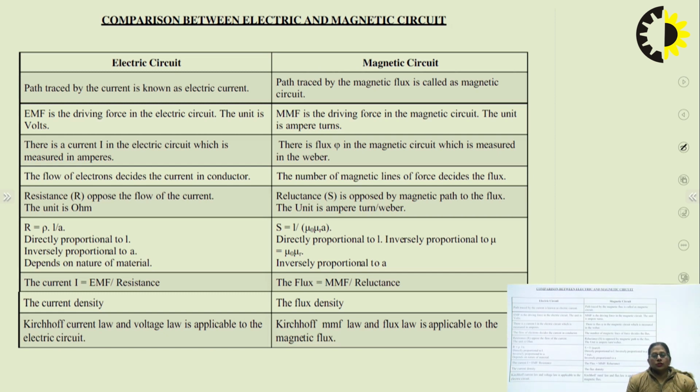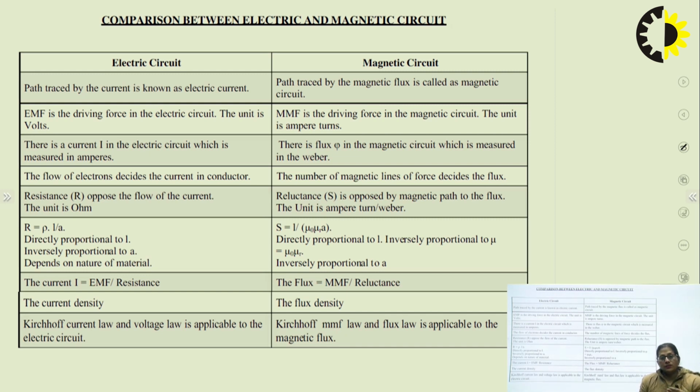Going on to a comparison between the electrical and the magnetic circuit. The very first point: the path traced by the current, or the flow of the electrons, is known as the electrical circuit, whereas the path traced by the magnetic flux is called the magnetic circuit.